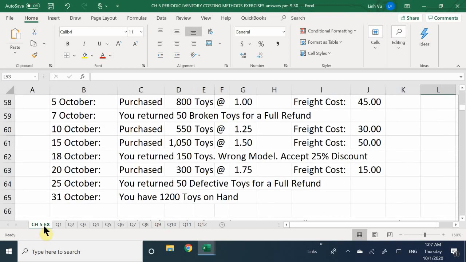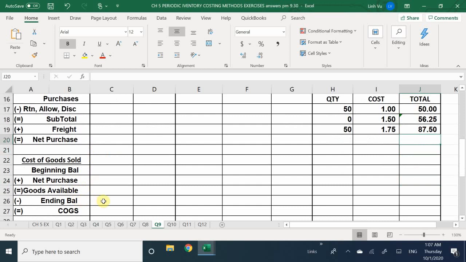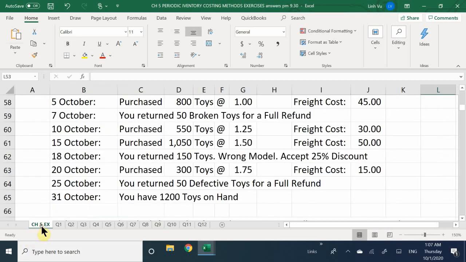And then lastly, on October 31st, you have a total of 1,200 toys on hand. So with that being said, we're going to go back into our inventory table and mark that it is 1,200 items for my ending balance.